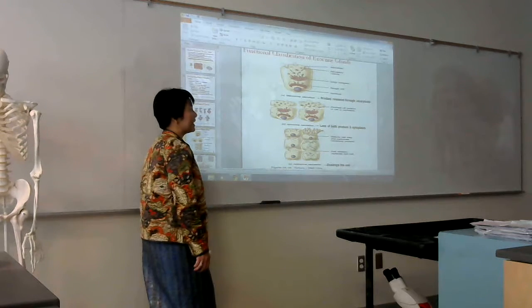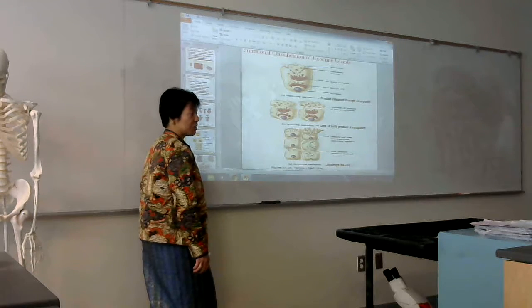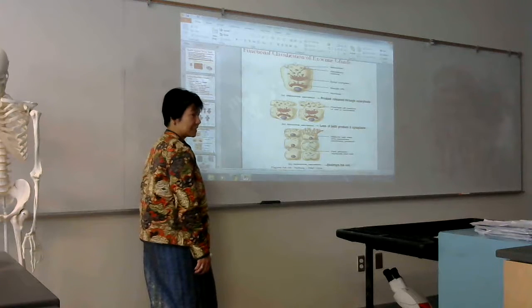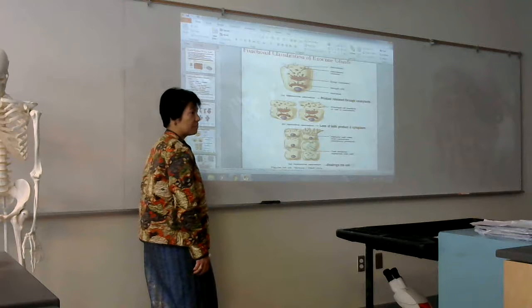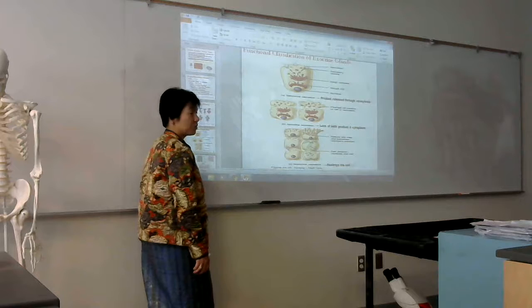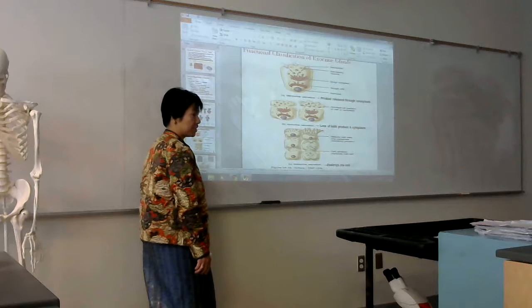So merocrine, what's the difference between the two? Merocrine secretion, see, they release their products by exocytosis. The example of this one is your sweat glands. It's the most common. Your milk, it's by merocrine secretion. With holocrine, this is your oil glands, your sebaceous glands.